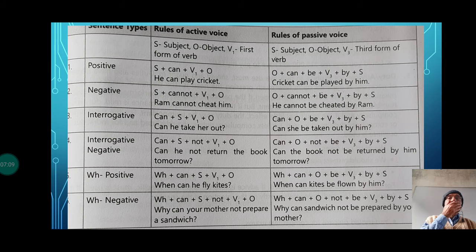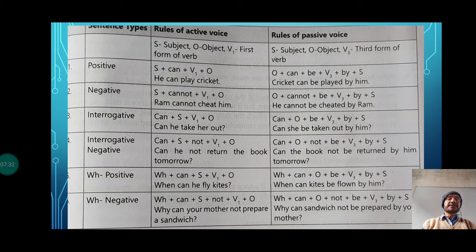Now let us see the use of can. There are 4 ways: positive, negative, interrogative, and interrogative negative. Now the questions beginning with WH: what, whom, when, why.